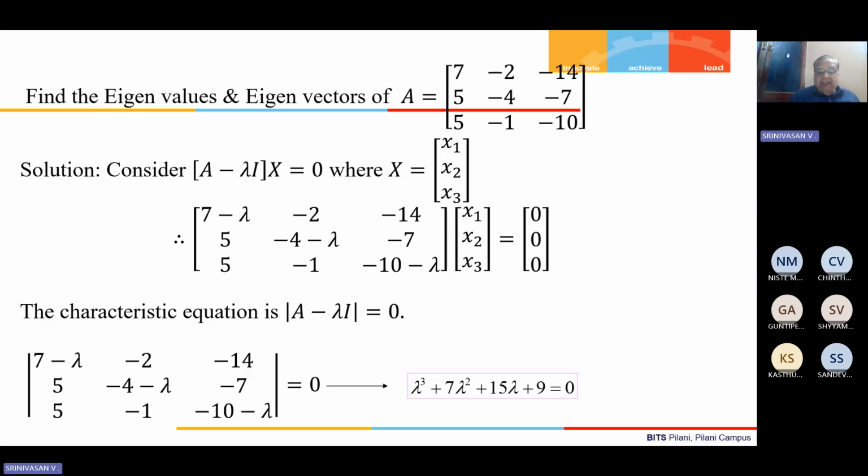That will give you a quadratic expression: lambda square plus 6 lambda plus 9 equal to 0.